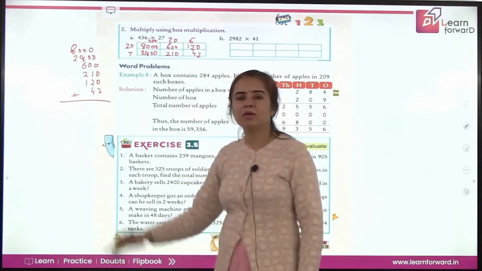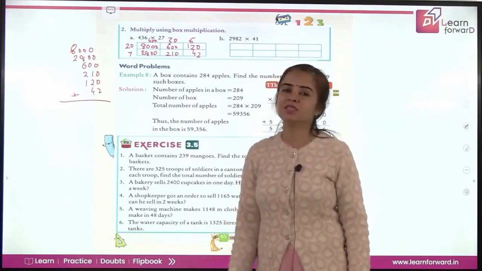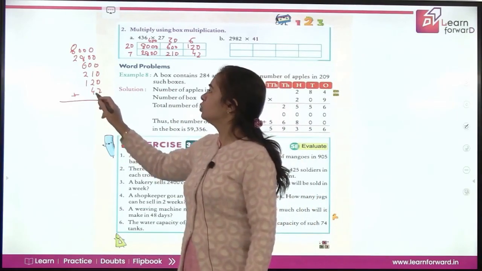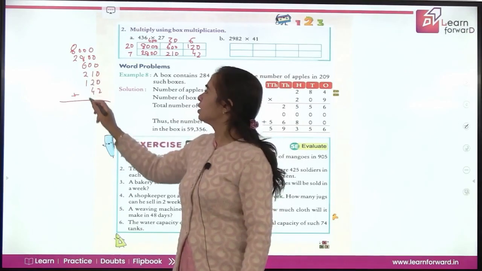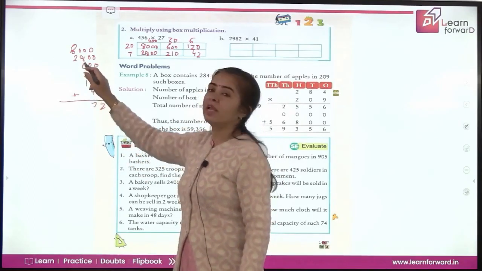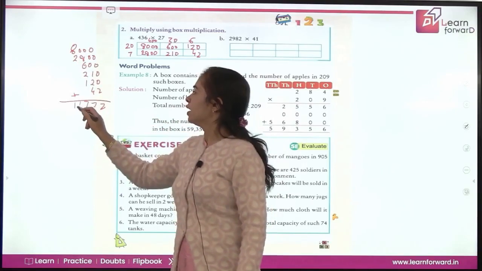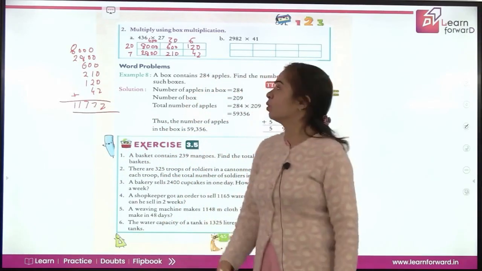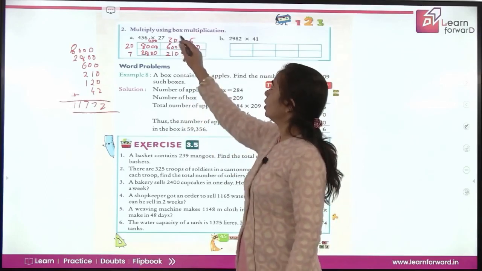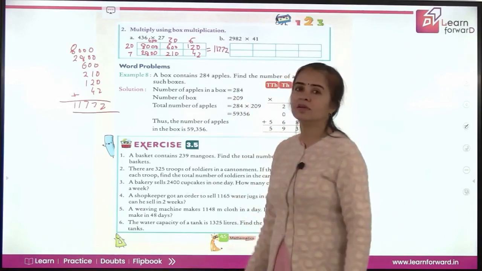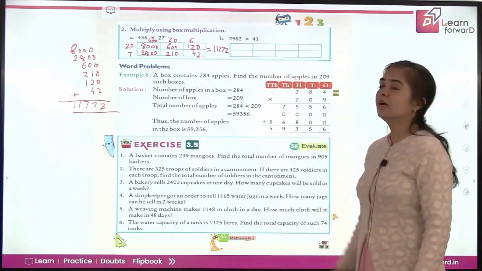When you have to add numbers, you can write as many numbers as you have to add and add them together. So here you get just 2, 4 plus 2, 6 plus 1, 7, 8 plus 2, 10 plus 7, 17, carry 1, 8 plus 2, 10 and 1, 11. So your product here is equal to 11772. The same way, we will be doing the other part.